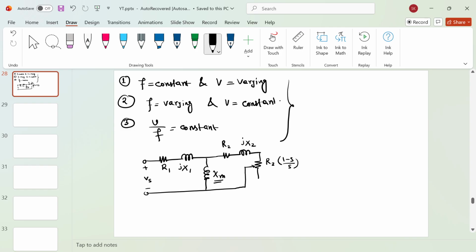In my case, I am assuming this portion is zero. So I'm neglecting these things, just for simplicity, because I wanted to have simple equations, and you can also represent this particular circuit like this.